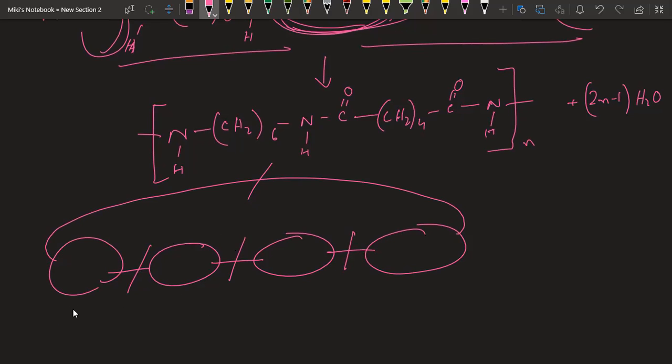We have n number of phenylamine and n number of carboxylic acid. So water is formed twice, 2n H2O. Then why 2n minus 1?